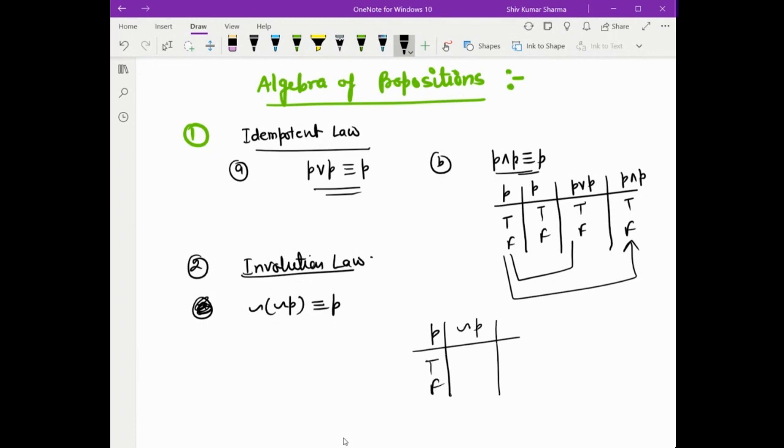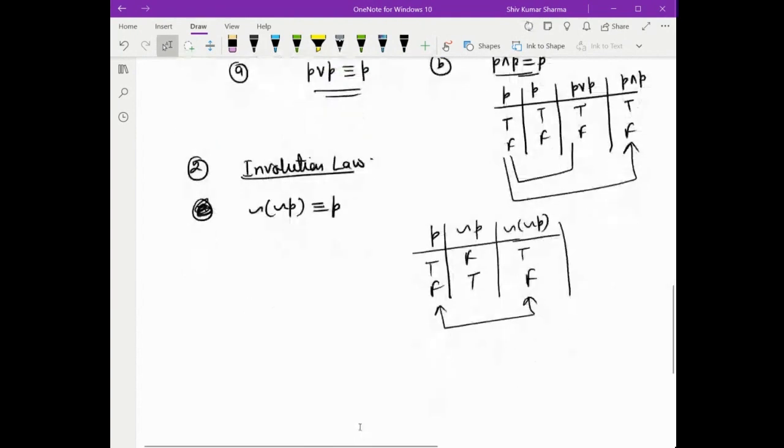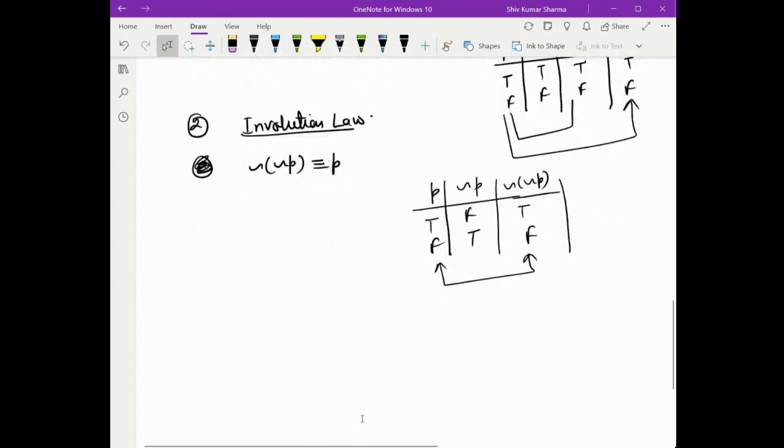The negation of P we write as false and true, and the negation of negation P we write as true and false. So negation of negation P is always equivalent to P.